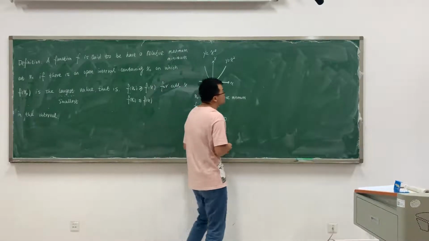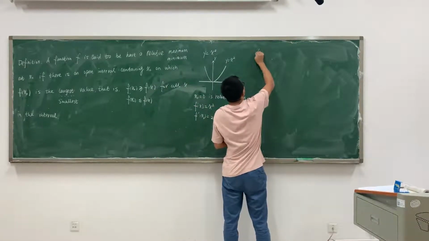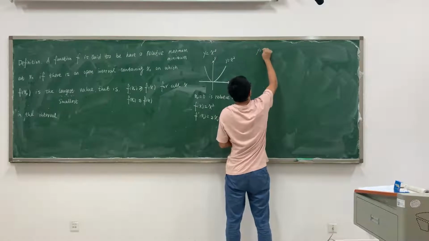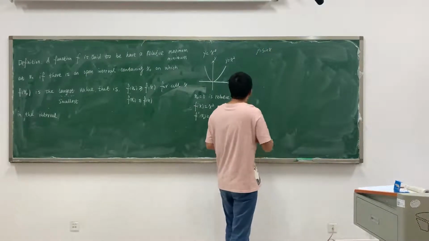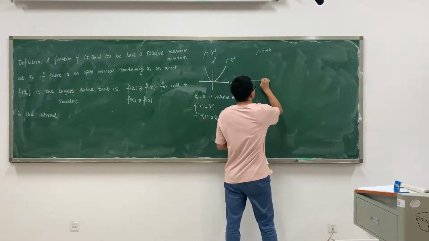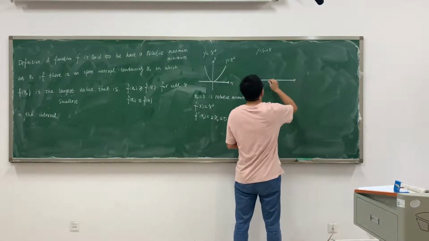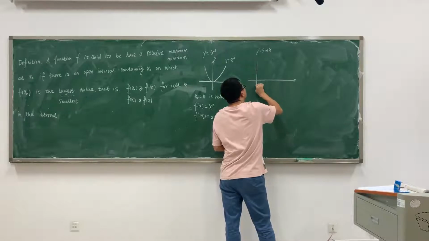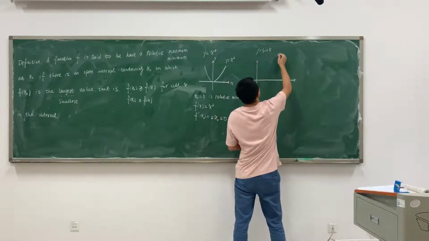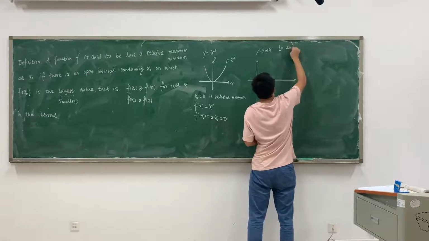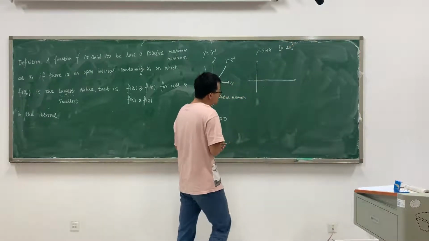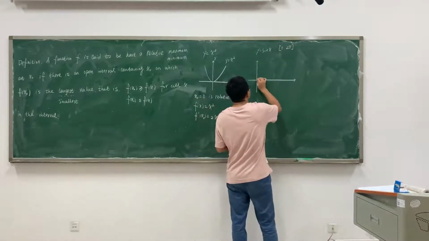The second example, now we can see y equal to sin x. For this function, now we plot the graph. We just look at this interval 0 to 2 pi. This interval is like this.